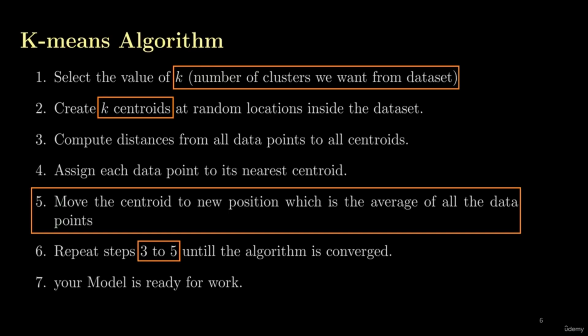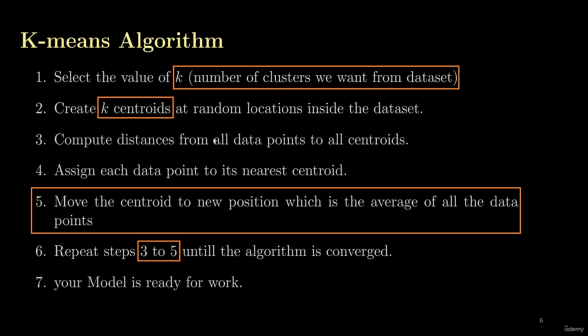Then we will compute the distances of all data points to all centroids. So if we have 3 centroids and 200 data points, then we calculate the distance of all 200 data points to all 3 centroids. Then step 4 is we assign each data point to its nearest centroid.